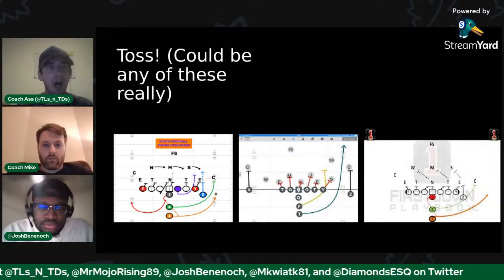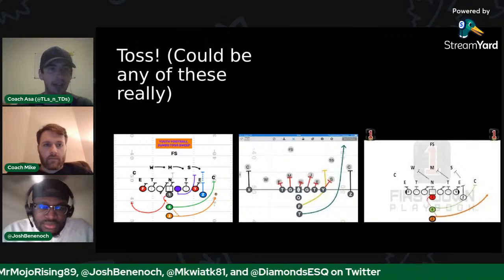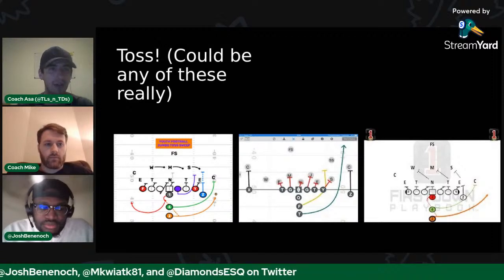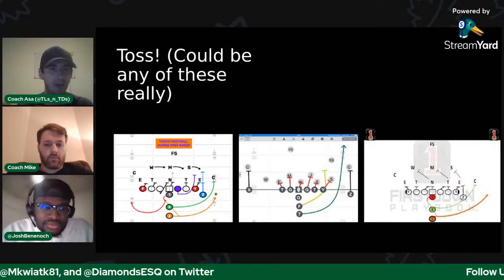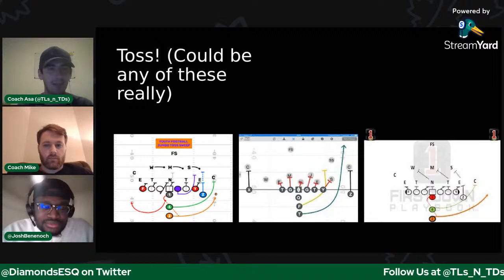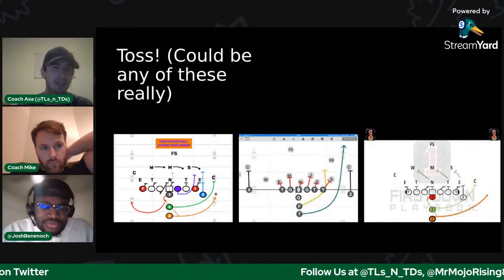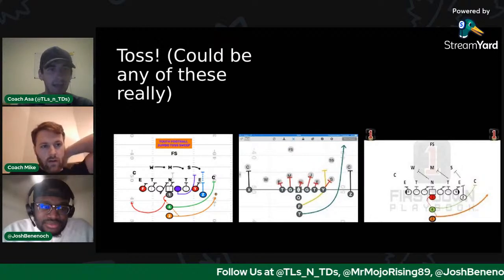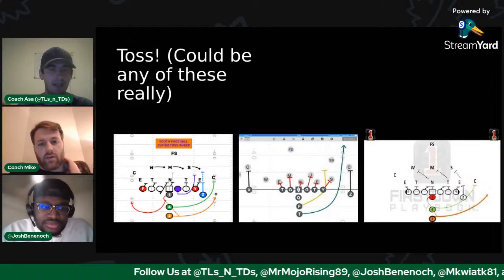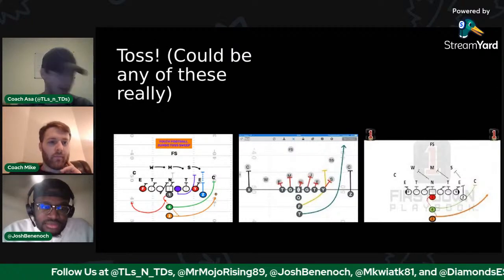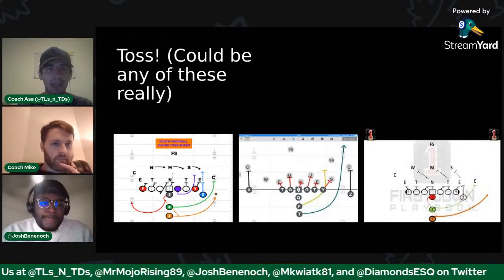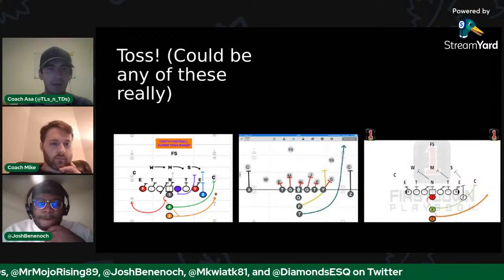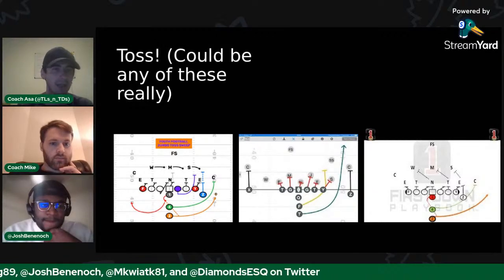My bad. LSU runs a toss dive, which is super weird, and they're the only people who run it with any sort of consistency. But toss doesn't change the blocking scheme. Instead of handing the ball off, you're tossing it backwards. It's simply to give the running back more of a head start.